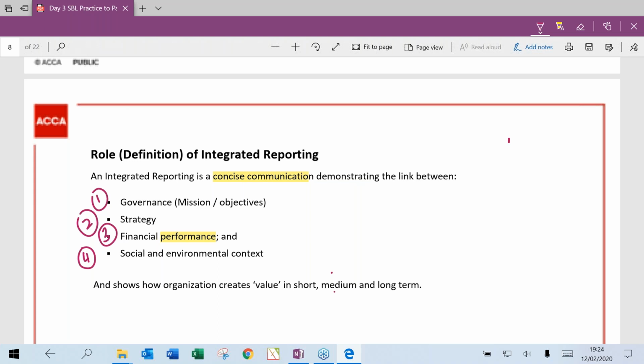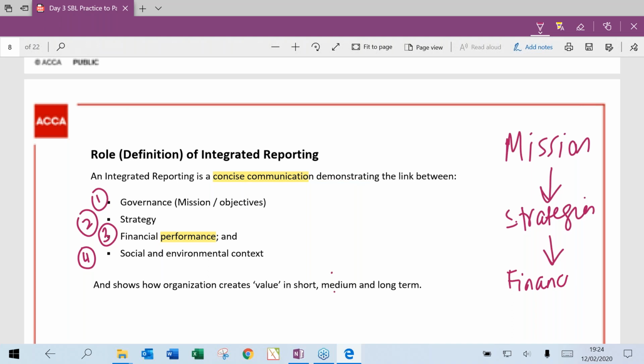You see the sequence. On the top is mission or governance, then based on your mission come your strategies, and then after strategies we implement a strategy that should result in financials, and then our business activity results in social and environmental. It's a very logical sequence.